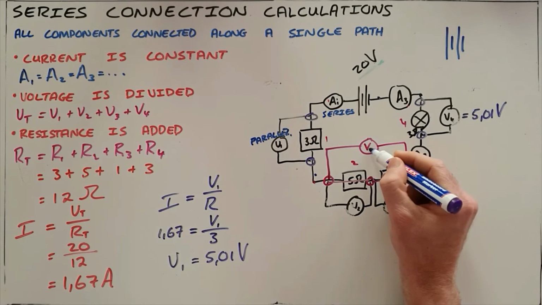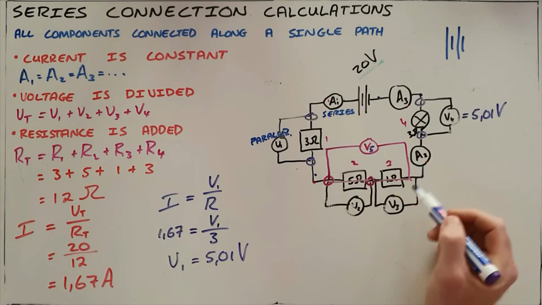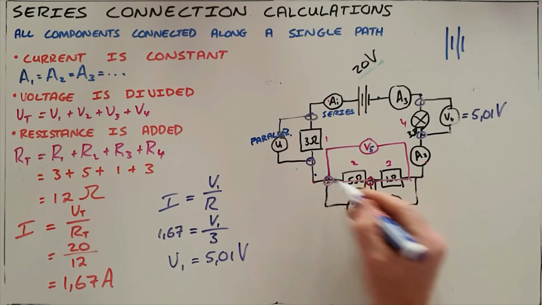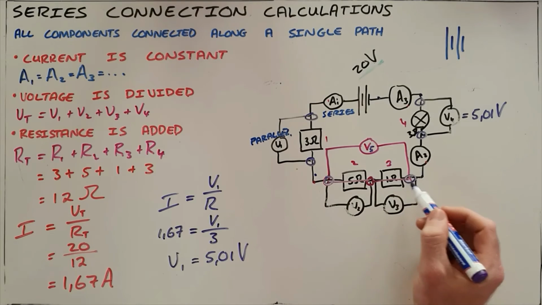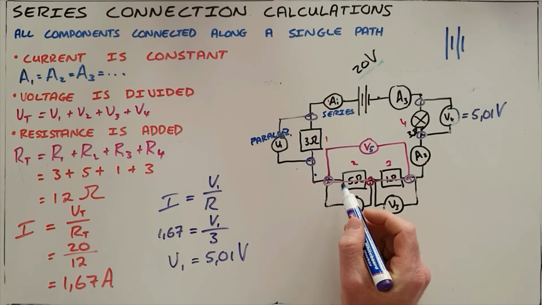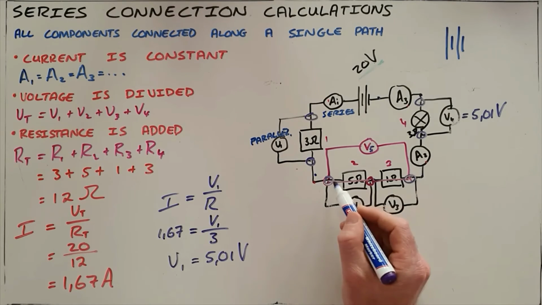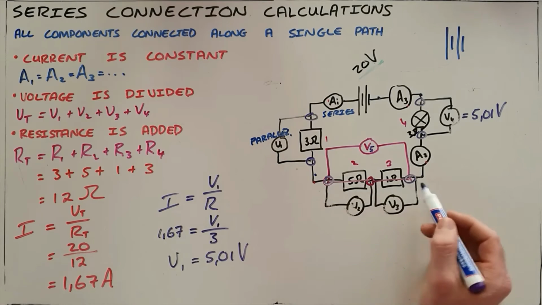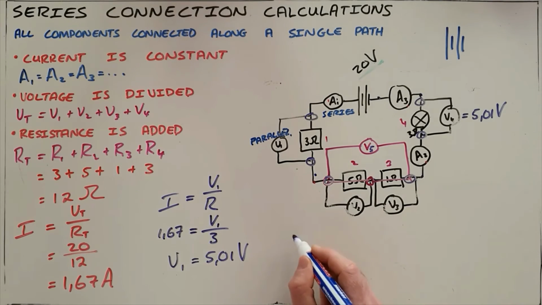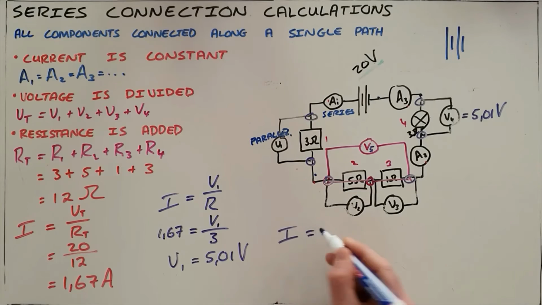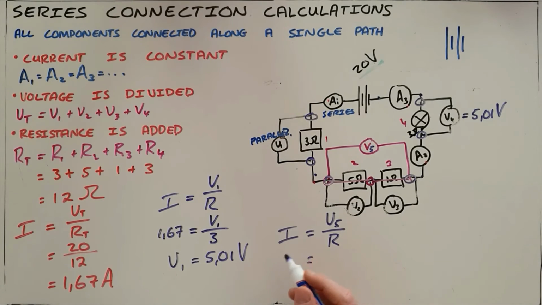What we can then see, if we call this voltmeter V5, is that it is possible to calculate the voltage over multiple resistors because we know that the current through those resistors remains constant. We know that the resistance there is added, so we can once again use Ohm's law to say that the voltage over those 2 resistors is equal to the sum of those 2 resistors and the current, which remains constant, as 1.67.